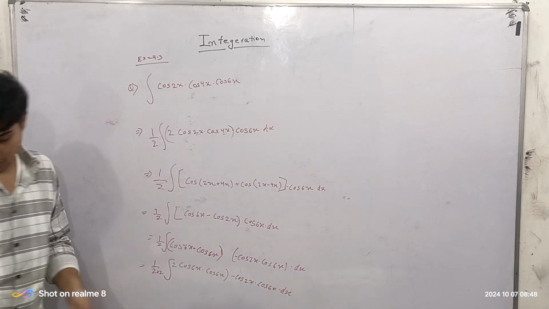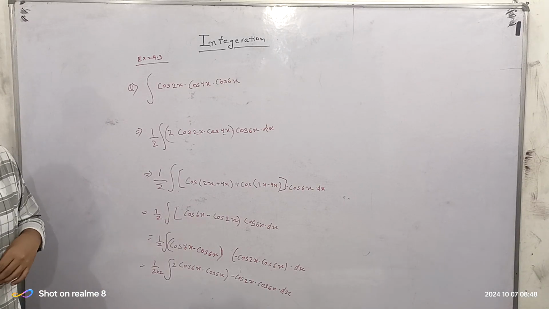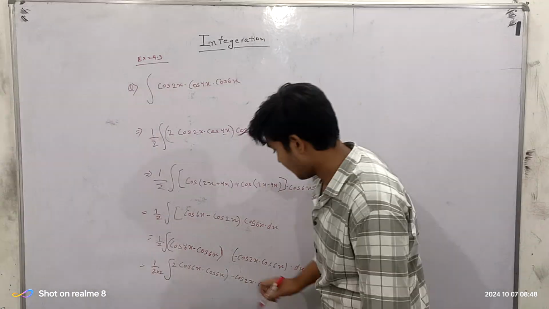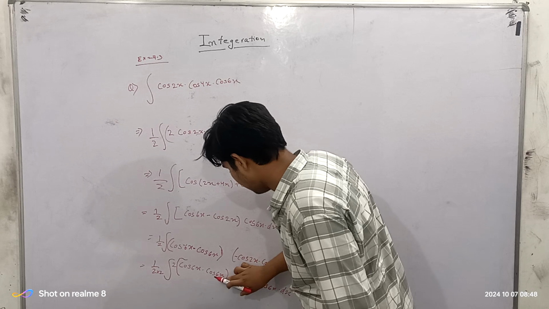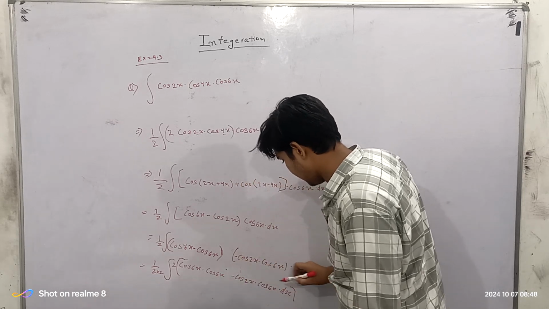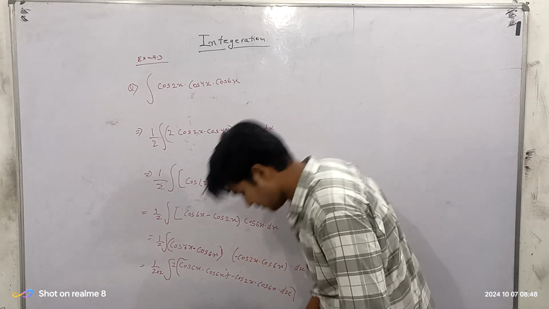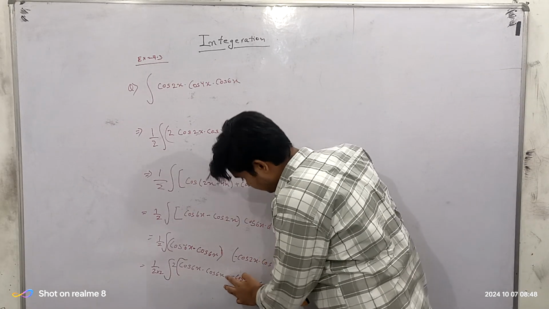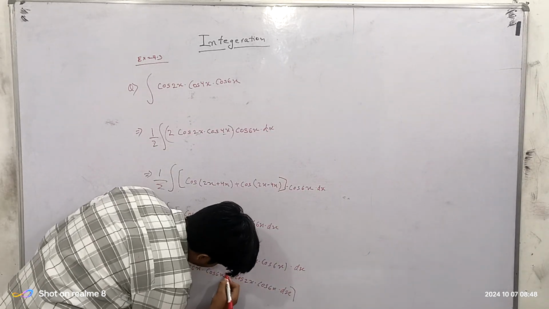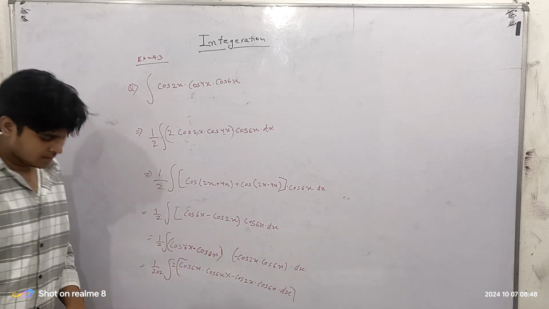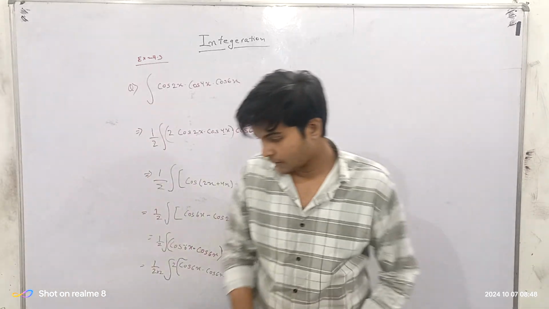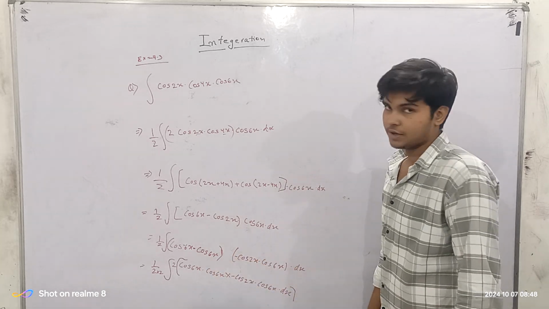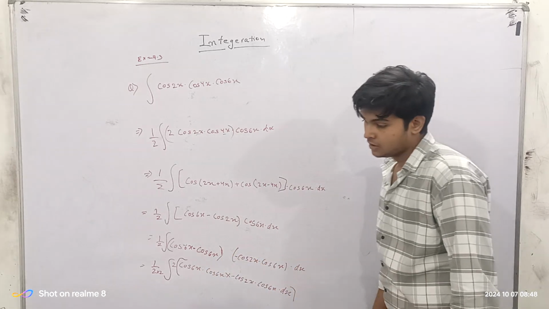Here it will be like this only, put it. Now we will solve it. The multiply sign will be put here. Now we are going to solve it. 2 cos A into cos B is cos(A+B) plus cos(A−B).